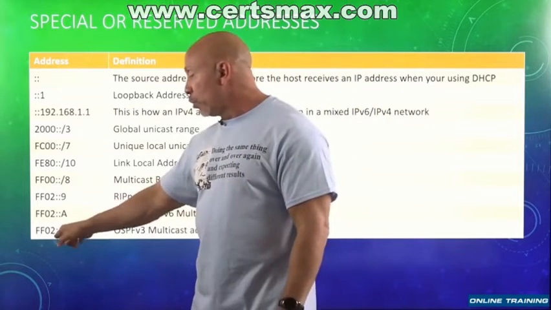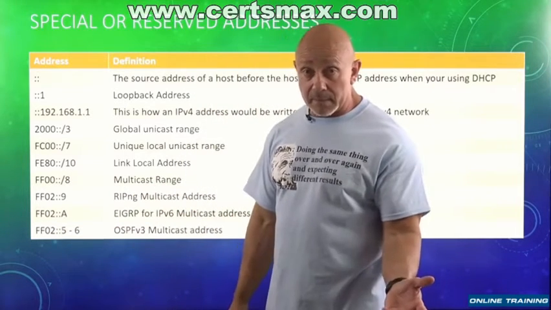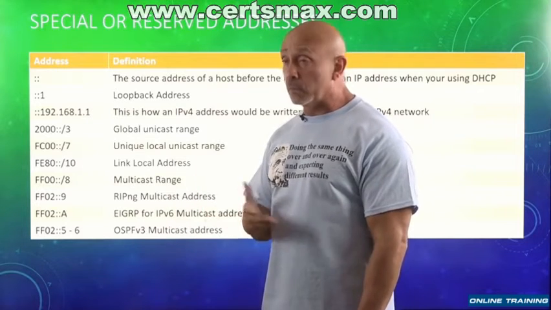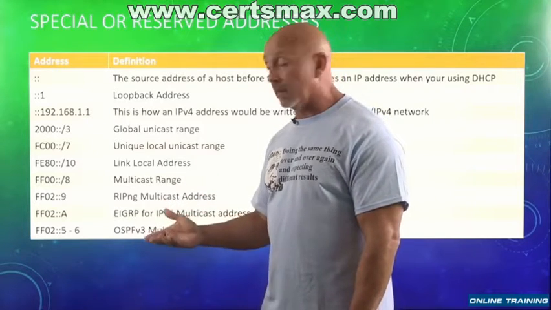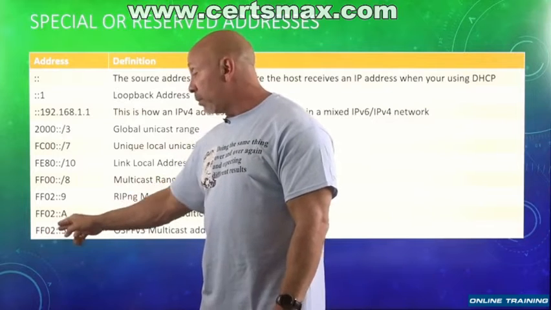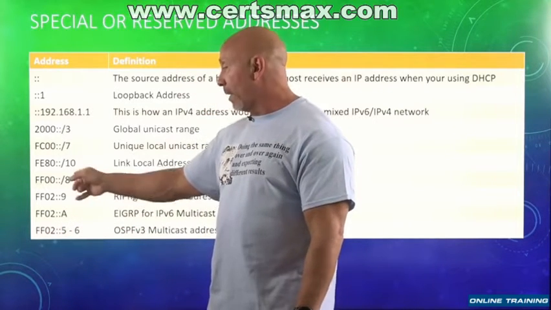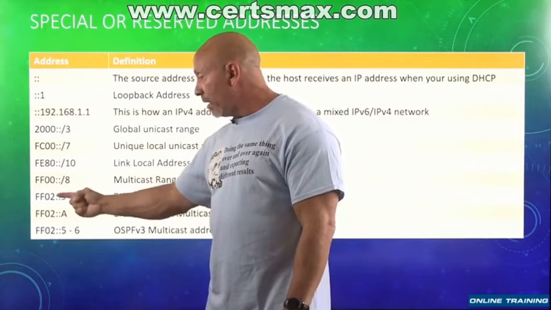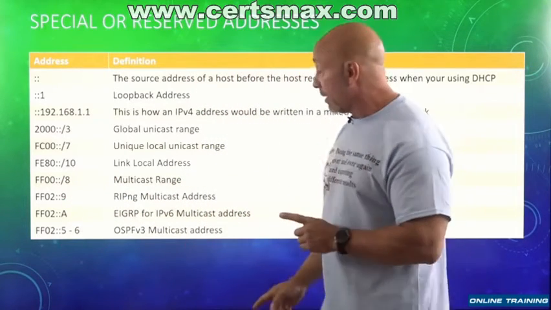That's why we have two addresses like we did in IPv4, 224.0.0.5 and 224.0.0.6. Here, we're just putting a multicast in FF02, because remember, we have a range that we can use. So those are the multicast addresses that your routing protocols use.